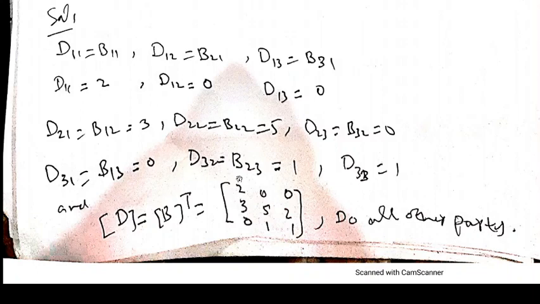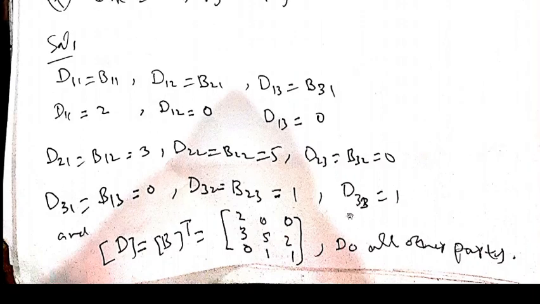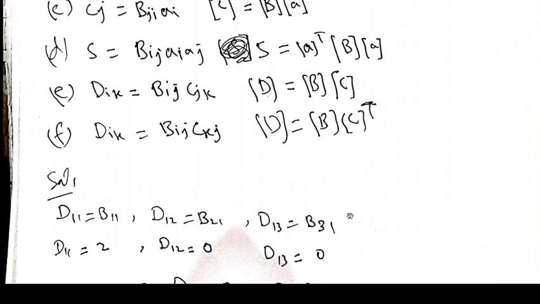That D11 is 2, D12 is 0, D13 is 0, D21 is 3, D22 is 5, D23 is 0, D31 is 0, D32 is 1, and D33 is plus 1. Now you have to do this for all other parts, the other 5 parts.